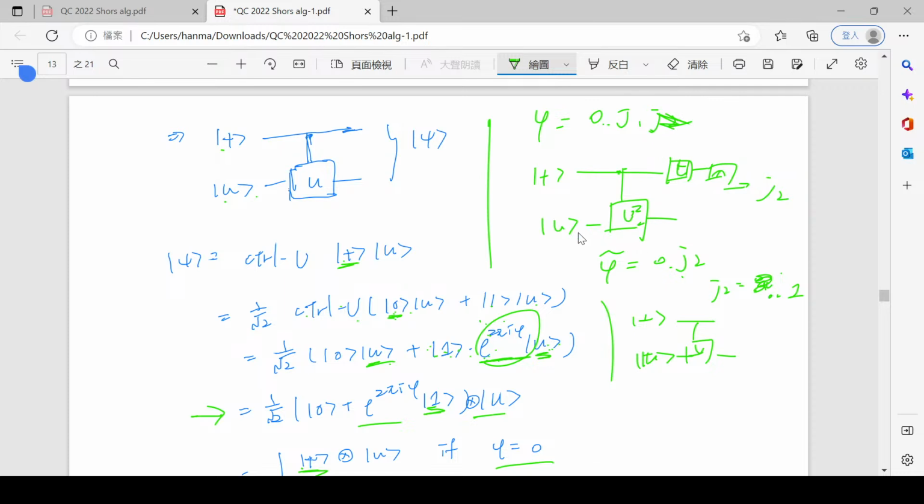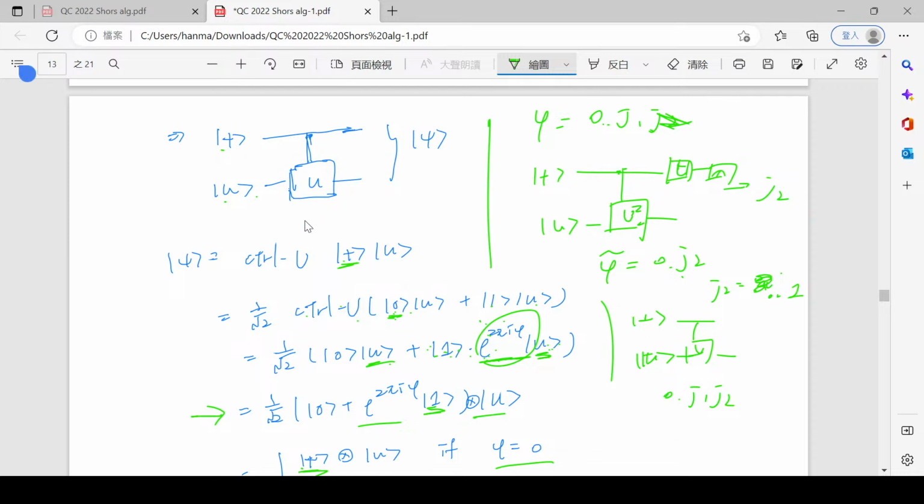But if j2 is not 0, then you need to do some correction. Knowing j2, you do this j circuit, and then you can learn 0.j1 j2, and so on.